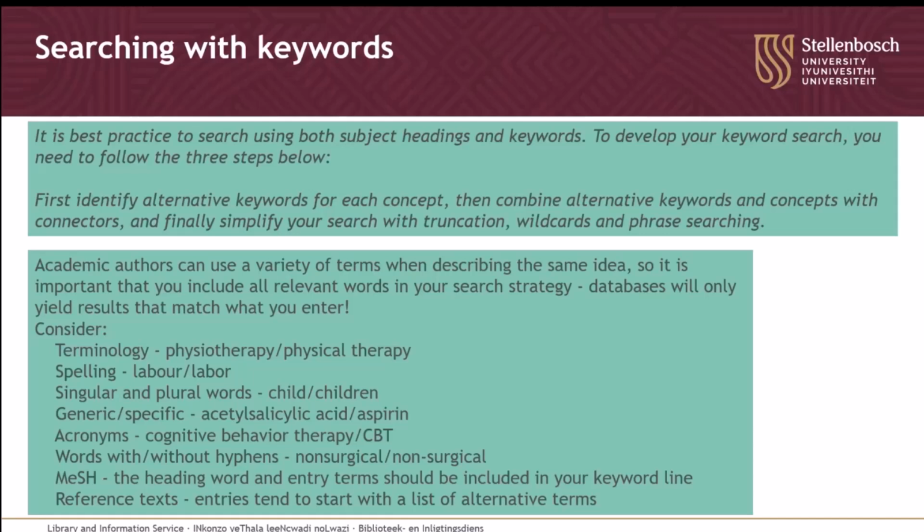Okay, so those are the reasons why you need to have all of these as part of your search, that you consider all of this terminology, the singular, plural, spelling, and all of those, and make it part of your search strategy.